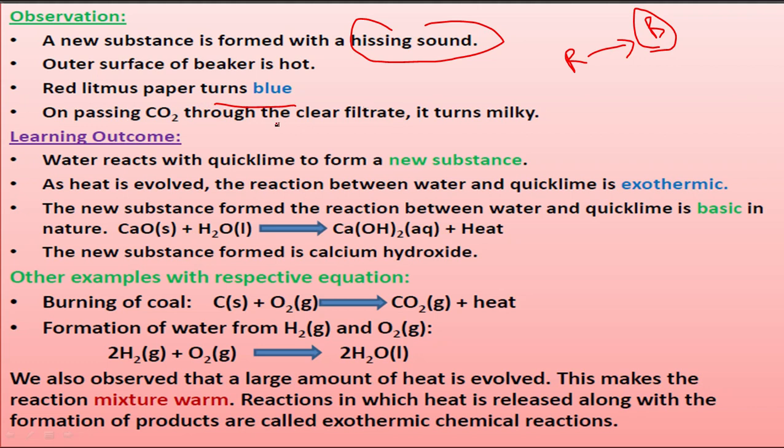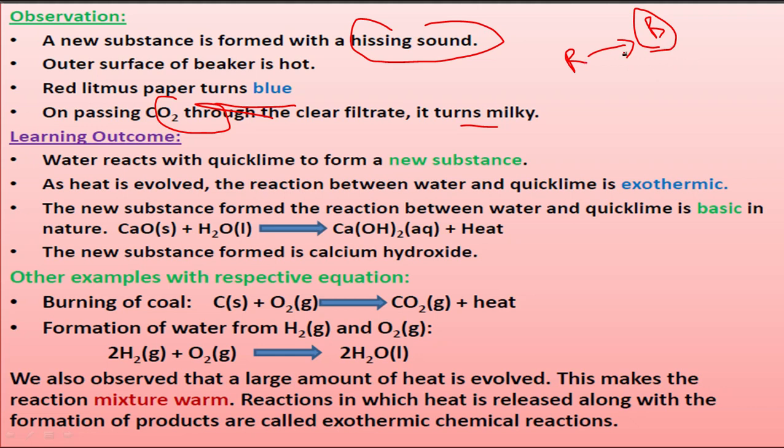And when carbon dioxide gas is passed through this clear filtrate, it turns milky. When carbon dioxide gas is passed through lime water, it turns milky due to the formation of calcium carbonate.